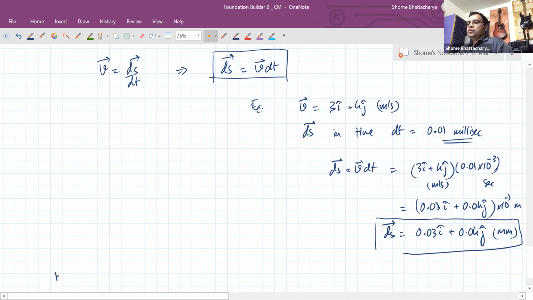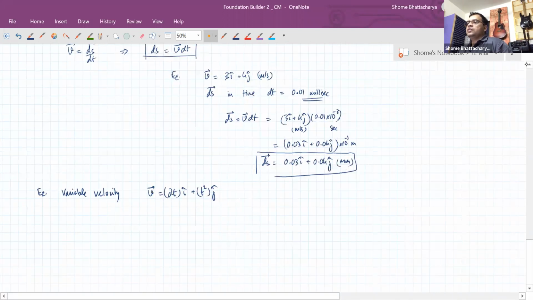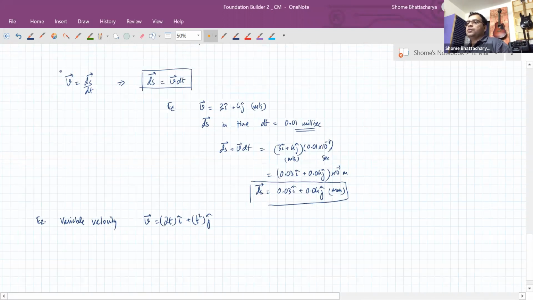Or for example, if we know a variable velocity, which is given by something like this, 2t i cap plus t square j cap. Now, this is not related to circular motion. I'm just giving you an example of how this works in general kinematics. So suppose we have a variable velocity given by this.